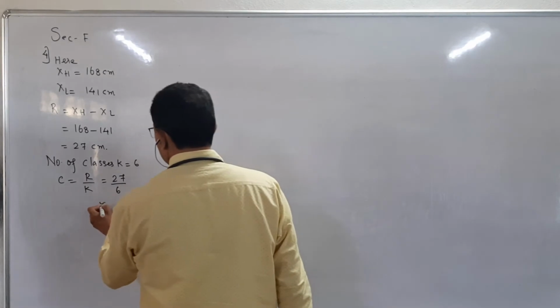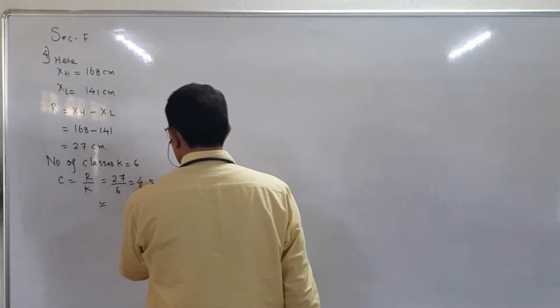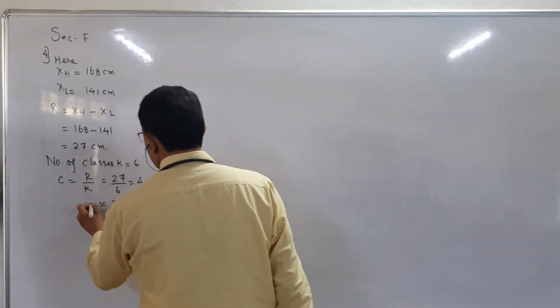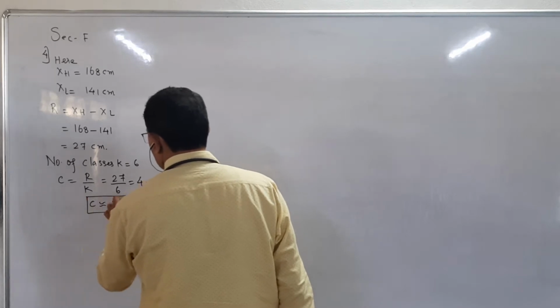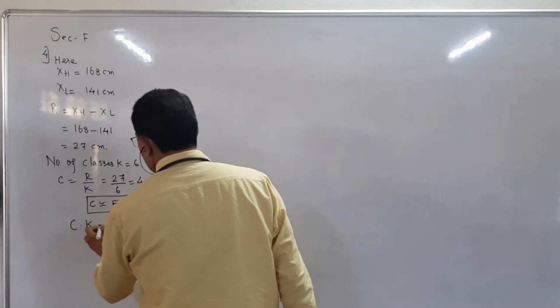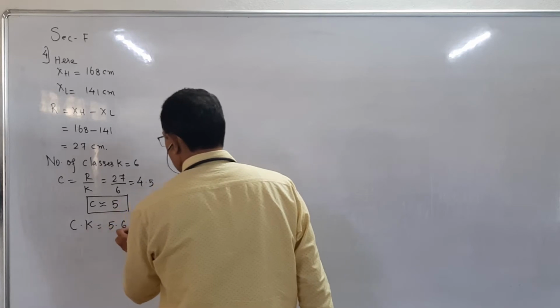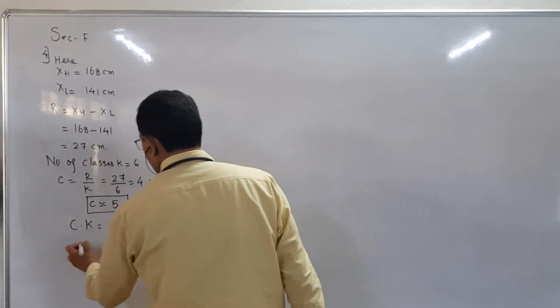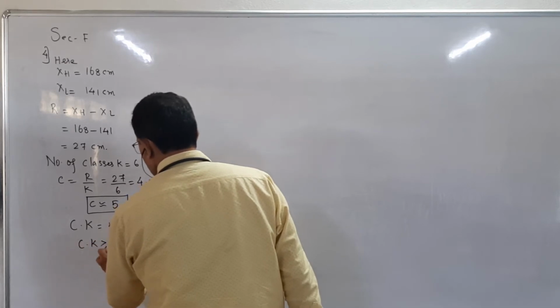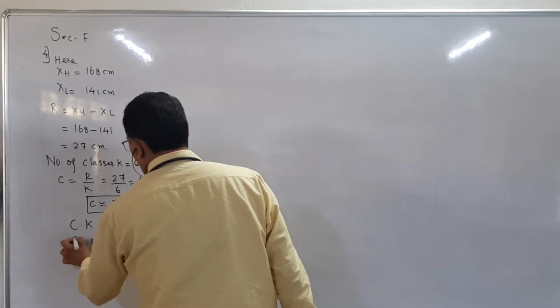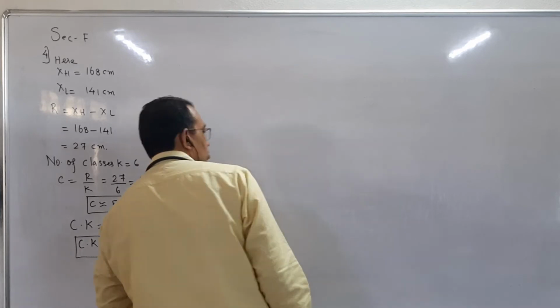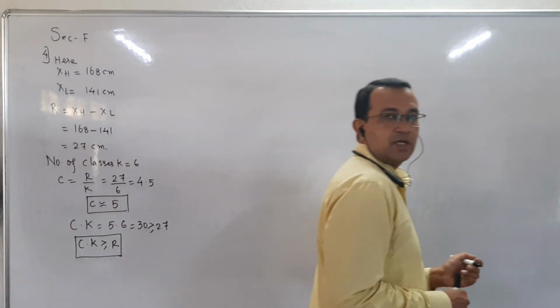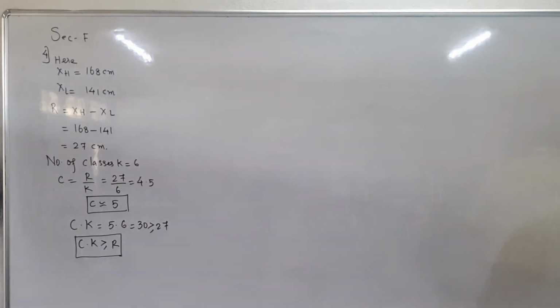And if this is 4.5, class length we will take 5. Now C into K, C is 5, K is 6, which is 30, that is greater than or equal to 27. So C into K must be greater than or equal to R. This must always be satisfied.